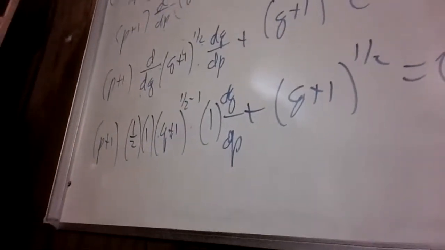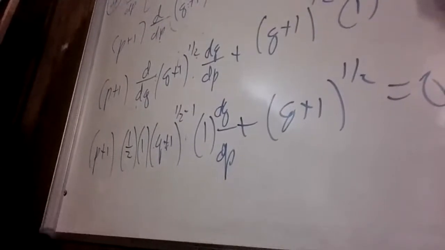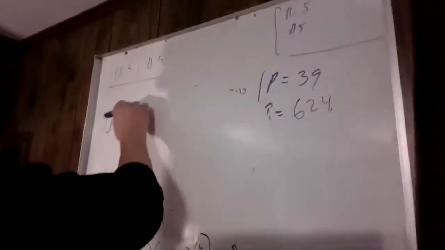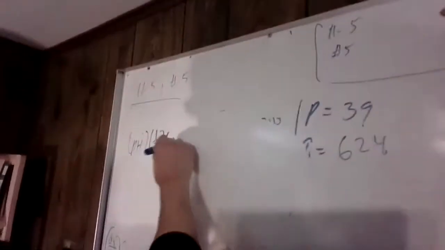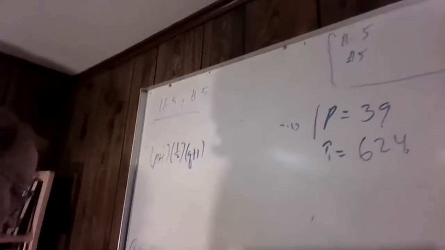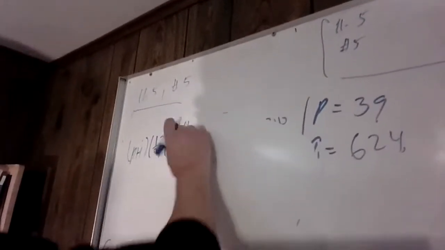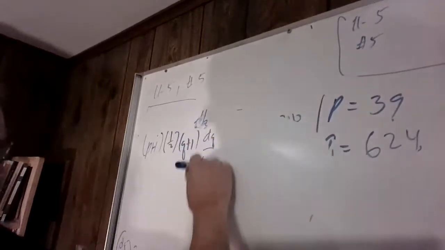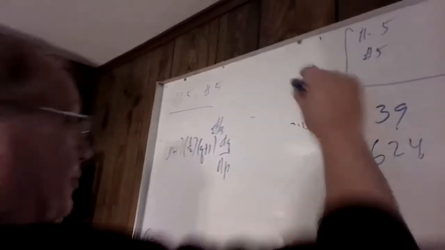So this is what I have so far. Let's clean it up a little bit. Let's go back to here. And we're going to have P plus 1, 1/2, Q plus 1, 1/2 minus 1 is minus 1/2. We'll make that a little better. dq dp. Let's put this back up here.